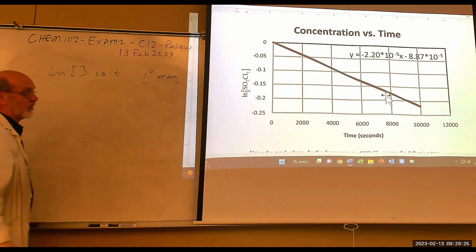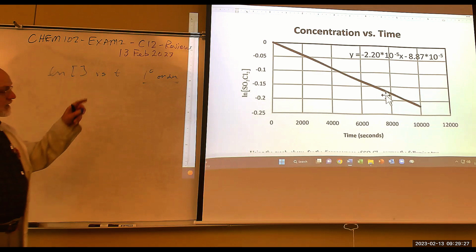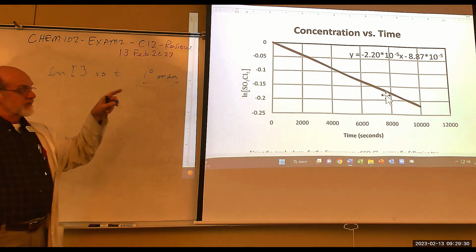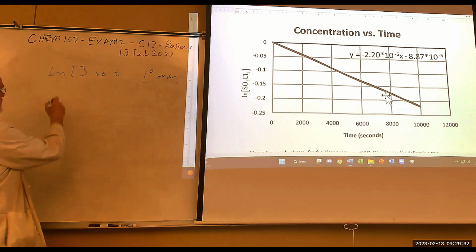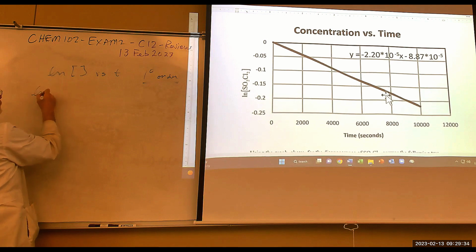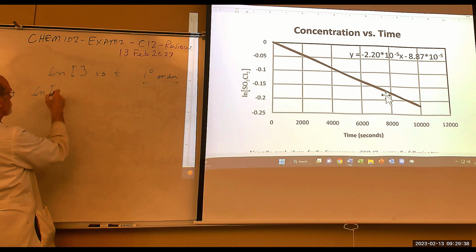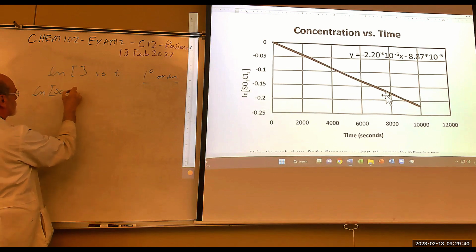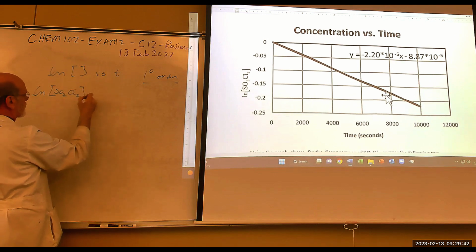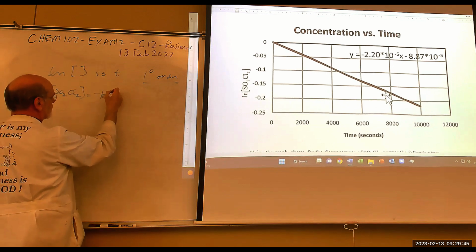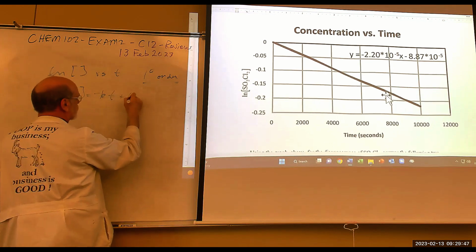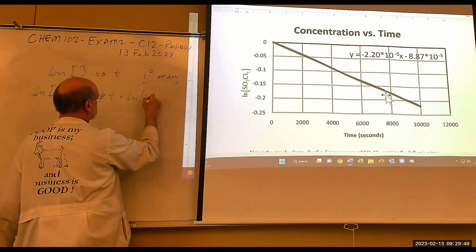All right? That's important because the equation of this line should look like natural log of the concentration of SO2Cl2 is equal to negative kt plus natural log of SO2Cl2 initial.